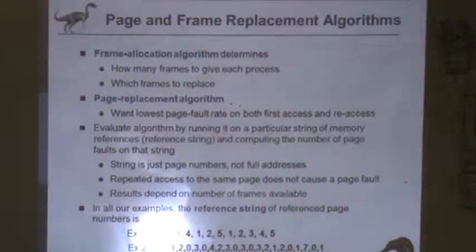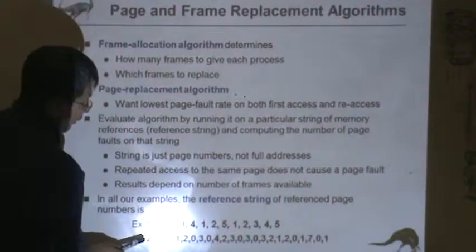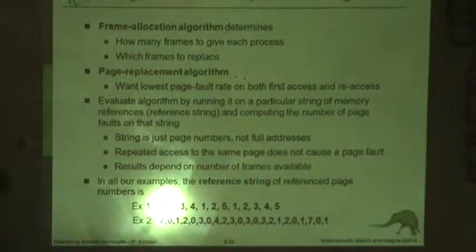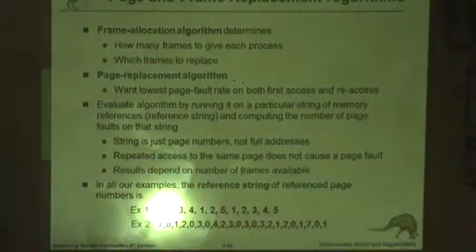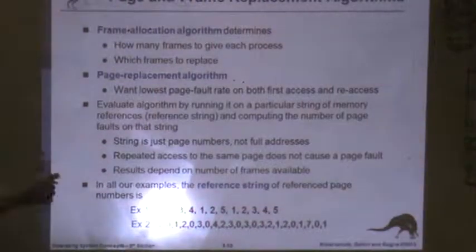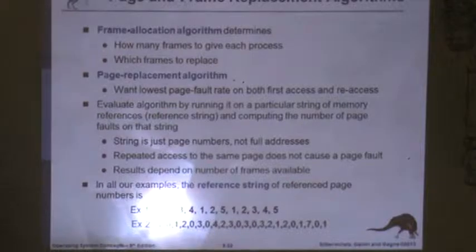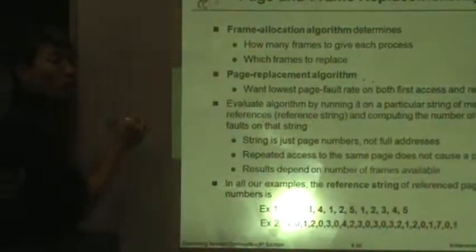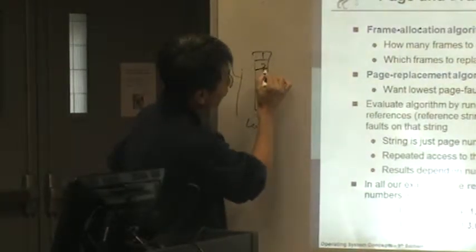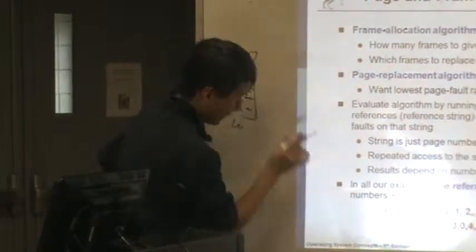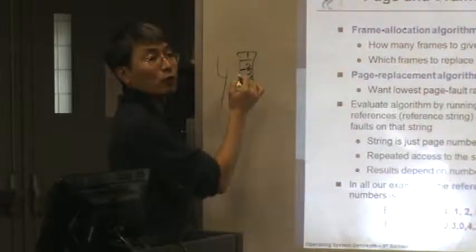To do that, we are going to use two examples of the reference string. Reference string means we simplify each page as one letter or one number. So one means page number one. If we have the logical memory, which means the process, with pages 1, 2, 3, 4, 5, this is your process, virtual memory.